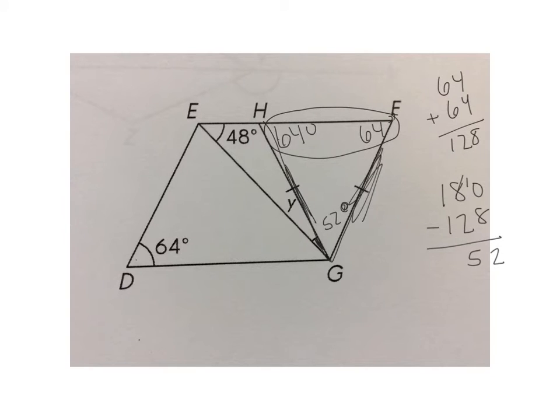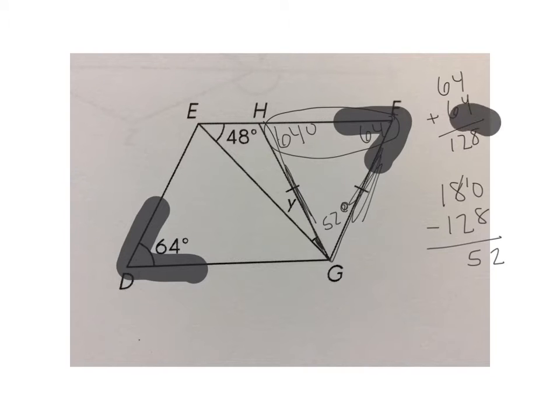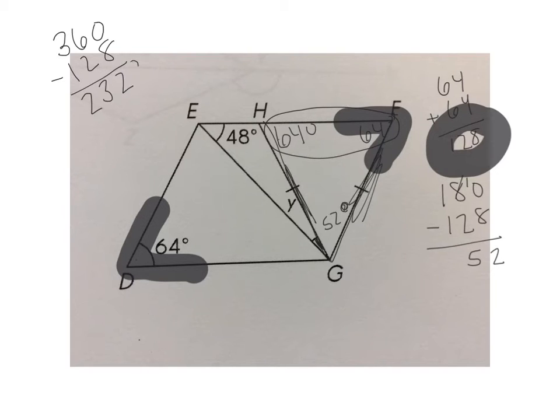All right, also I know that with the parallelogram, all of my angles must add up to be 360 degrees. This angle plus this angle would be the same as 64 plus 64, which we already did and got 128. If I take my 360 degrees, which is my measurement of all the angles of a parallelogram, and subtract my known, which is 128, I'm left with 232 degrees.